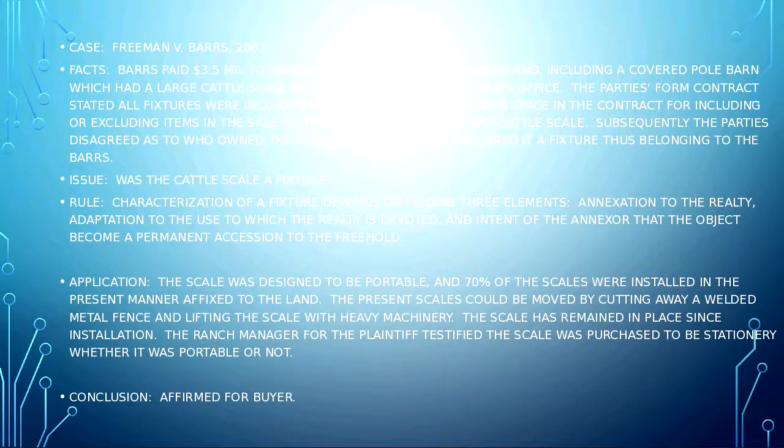Yes, indeedy. So let's take a look at an actual case here called Freeman versus Bars. So we got Bars who paid $3.5 million to Freeman, and so what did Freeman do with the estate? So Bars paid $3.5 million to Freeman for 4,000 acres of land, including a covered pole barn, which had a large cattle scale.